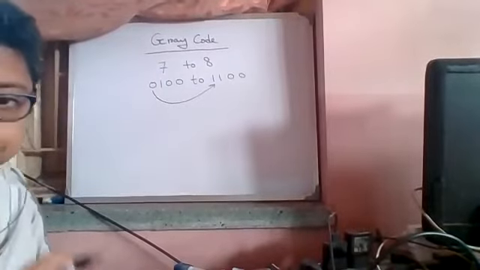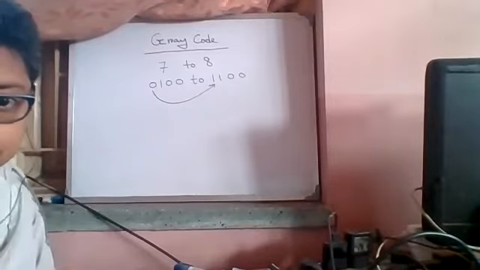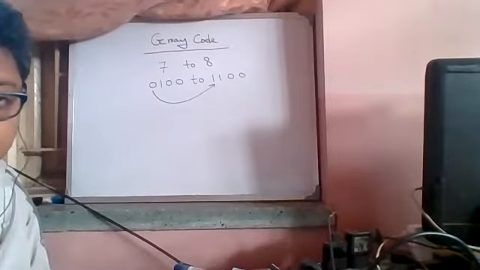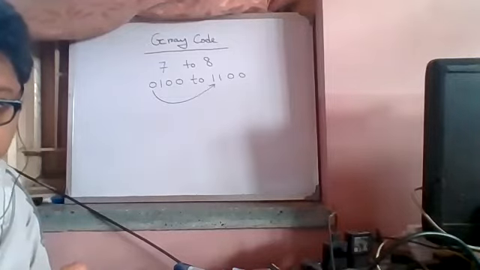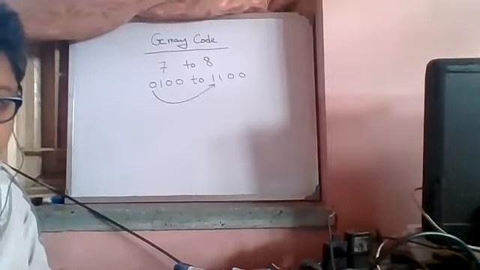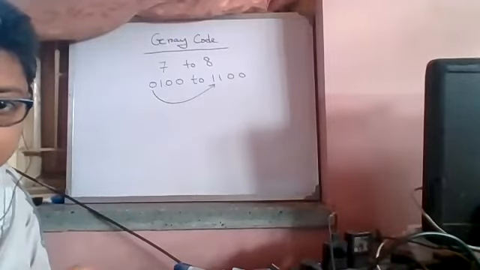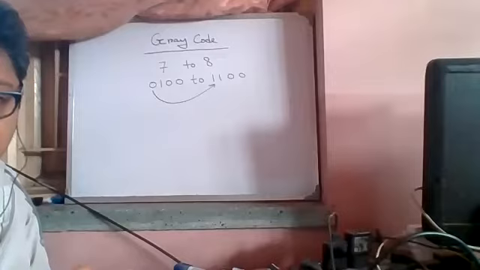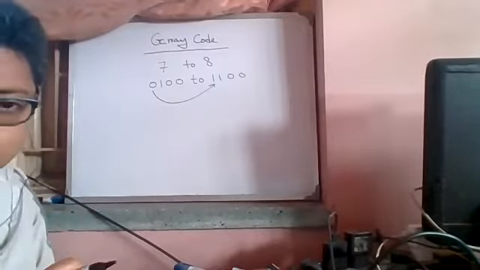Basically, a 3-bit Gray code may be obtained by reflecting the 2-bit code about an axis, and at the end of the code you have to assign a third bit as 0 above the axis and 1 below the axis.